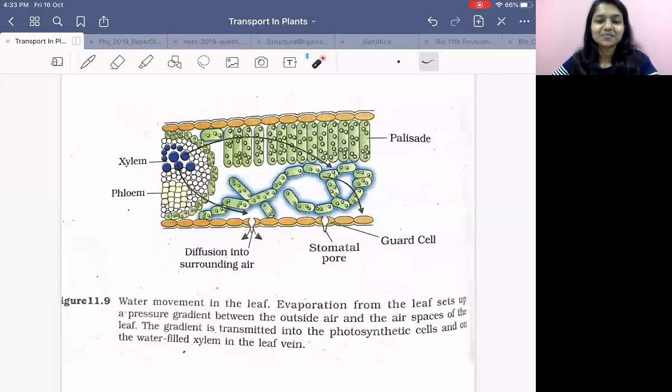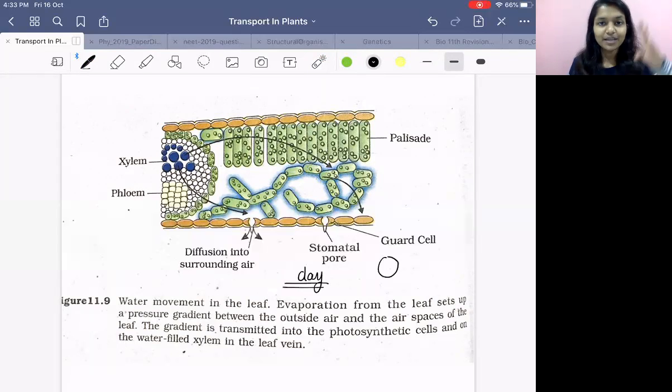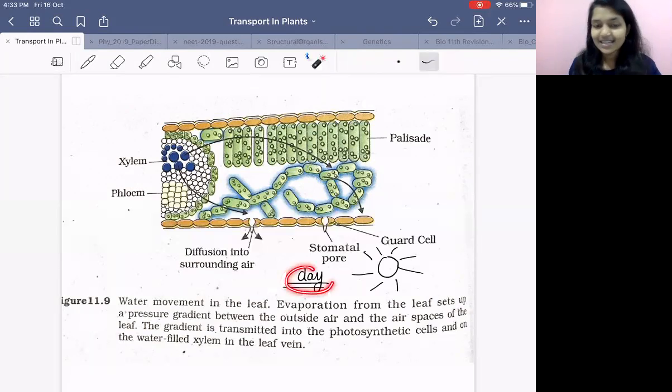Similarly, when in the environment the temperature is hot, during daytime, when the sun is at its peak, when the sun is glowing like a star. The temperature is hot, right?